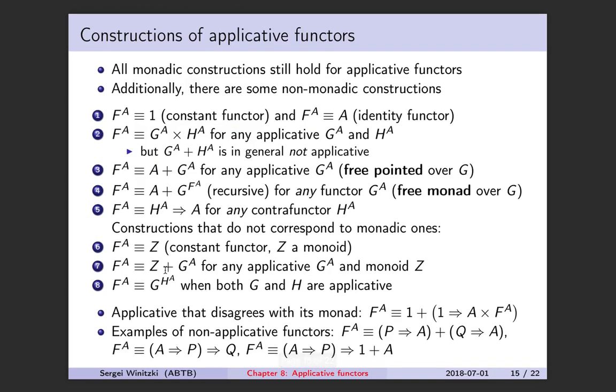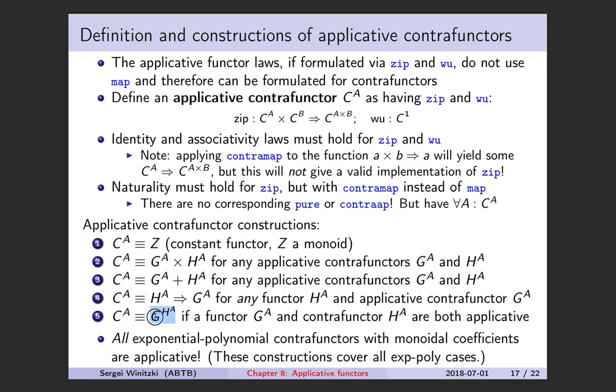And so this construction is very similar to this one, and the proof goes through exactly the same because we don't actually need the functor property of H. We only need the applicative property, but not the functor property. So we are not using map or contramap on H at all. We're only using zip and wrapped unit.